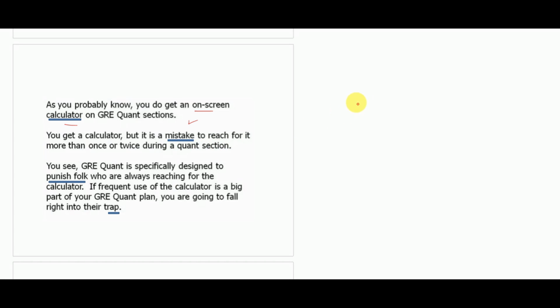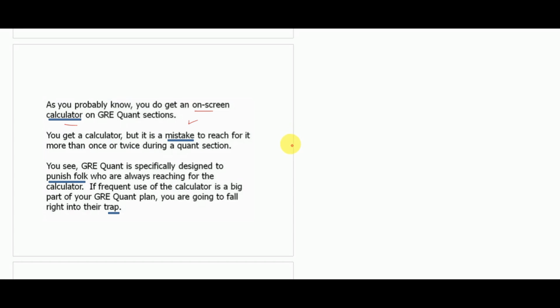There would be hardly 2 to 3 questions on every section that would necessitate the calculator. So if during practice you're constantly approaching your calculator for basic calculations, that means you're practicing your quantitative section in the wrong way.